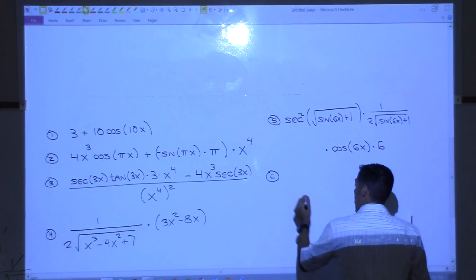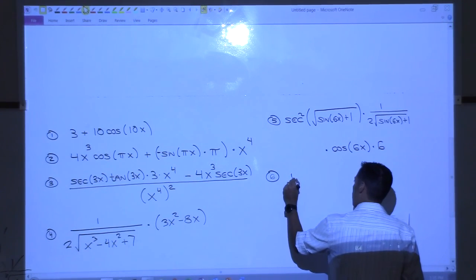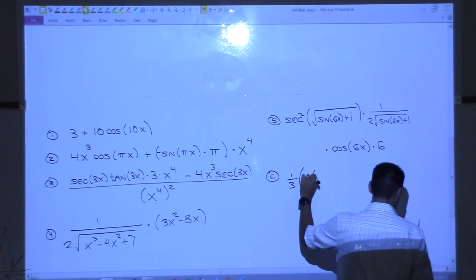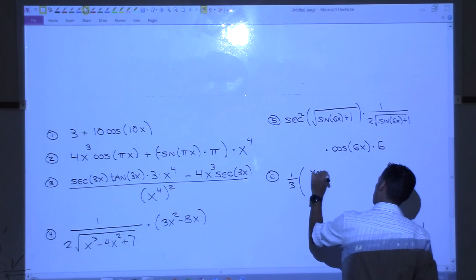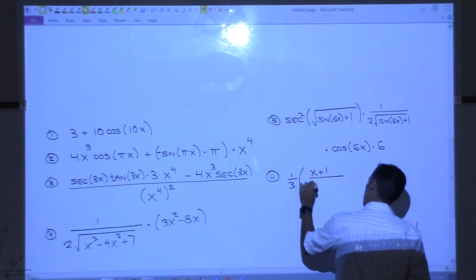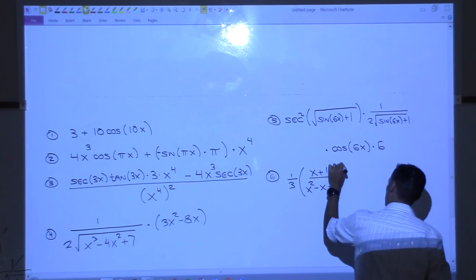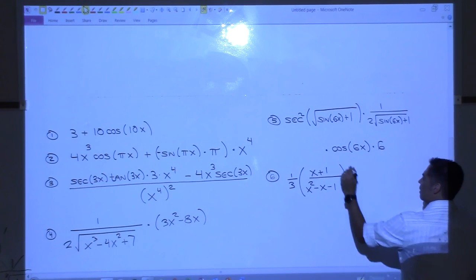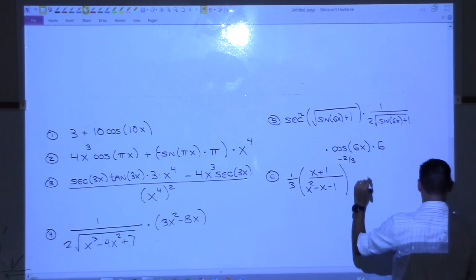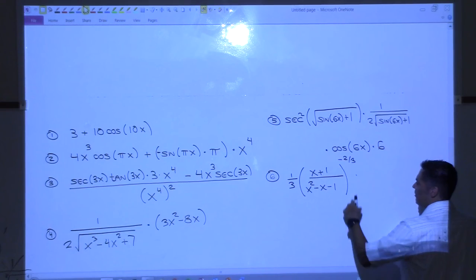All right. So with that said, I have 1/3 x plus 1 over x squared minus x minus 1, all raised to the what power? Negative 2/3. And then times, now I have to do the quotient rule.